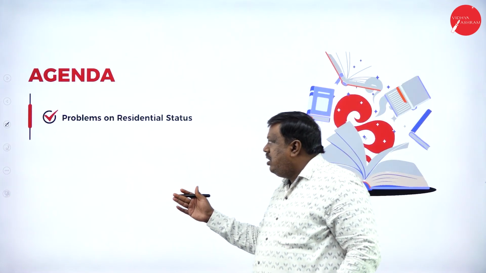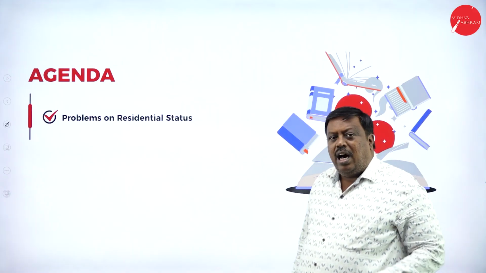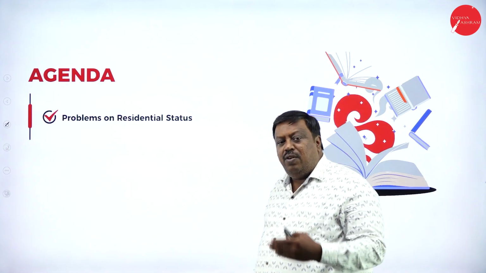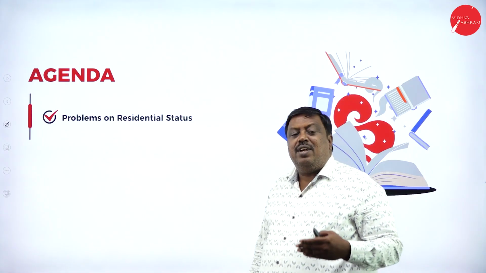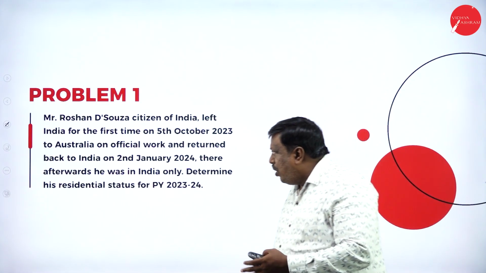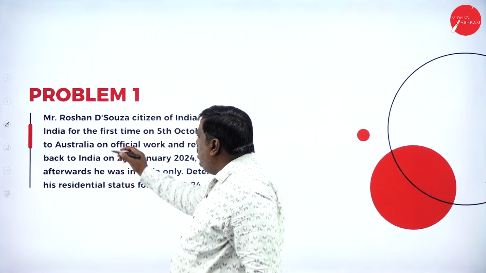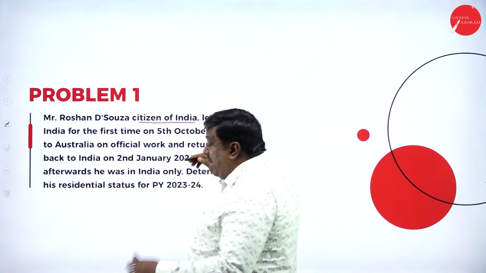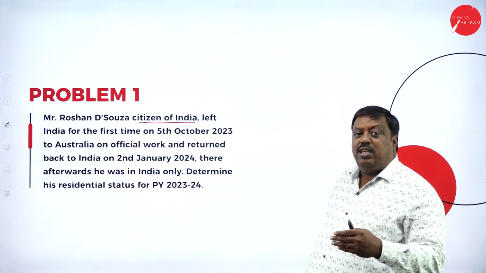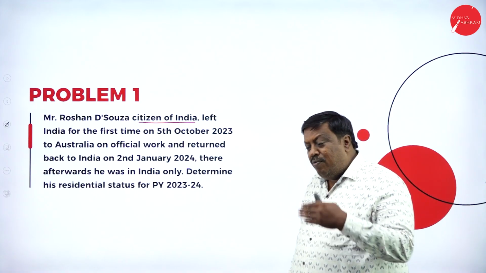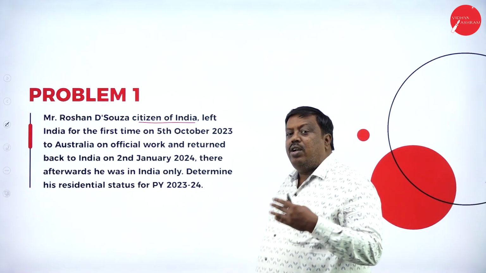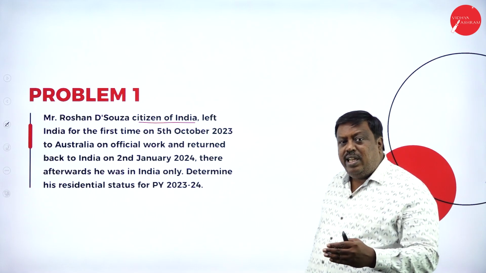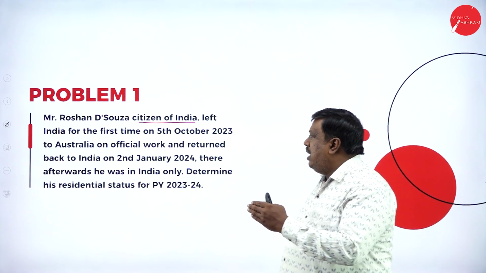In today's session, we're going to learn how to determine the residential status of an individual for the purpose of tax. The first problem we have here: Mr. Roshan D'Souza, citizen of India. For the previous year 2023-24, we have to determine whether he is a resident or non-resident. If he is a resident, whether ordinarily resident or not ordinarily resident.